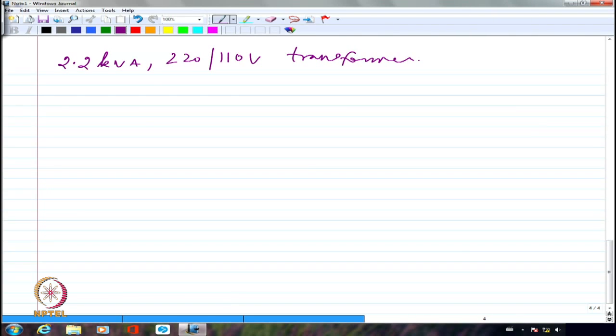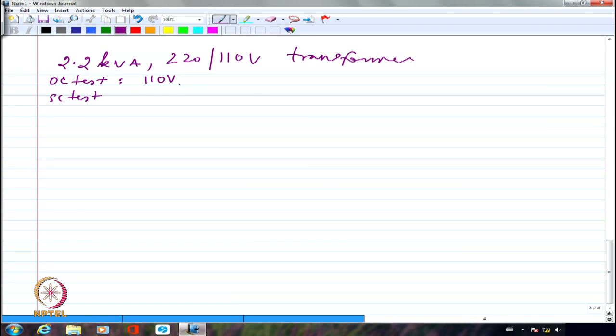I had done something because I didn't want you guys to calculate everything here. So, open circuit test data, I have taken this to be 110 volts, 0.8 ampere and 24 watts.